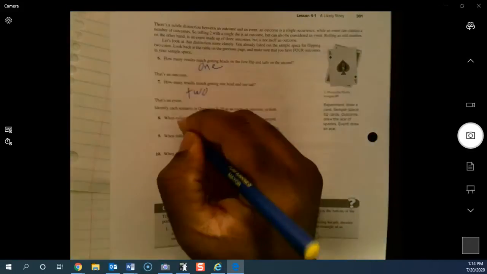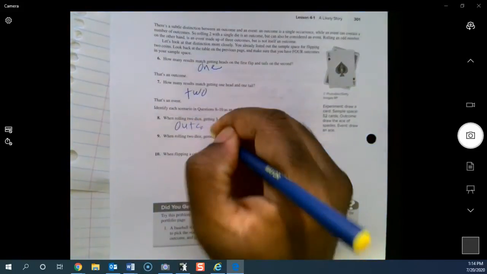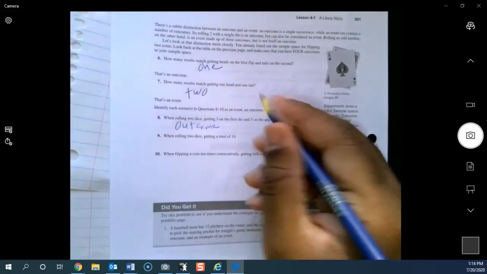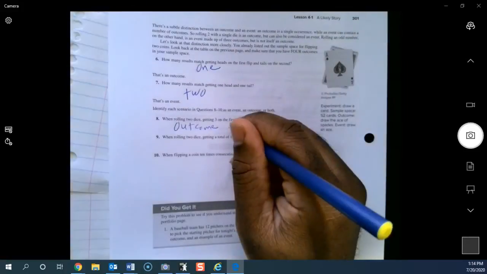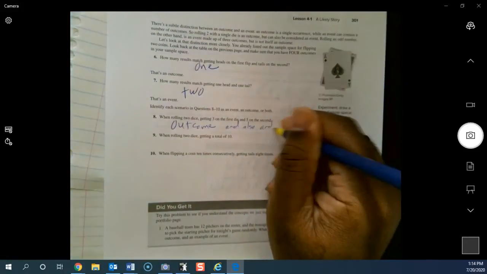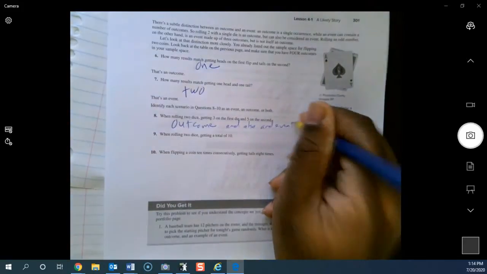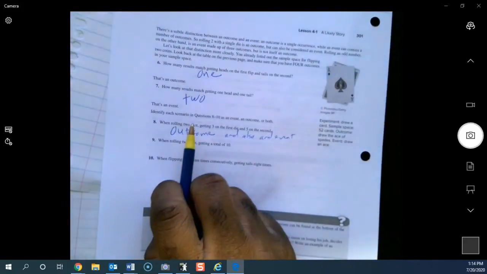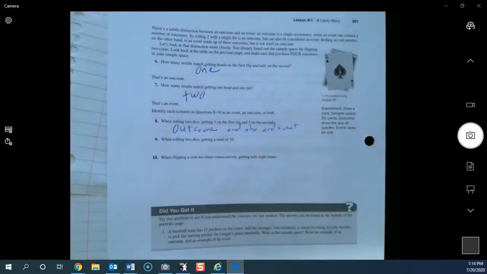That can only happen once. So that would be an outcome. And then there's also an event. It's an outcome because it only occurs once. It's an event because an event is just made up of outcomes.